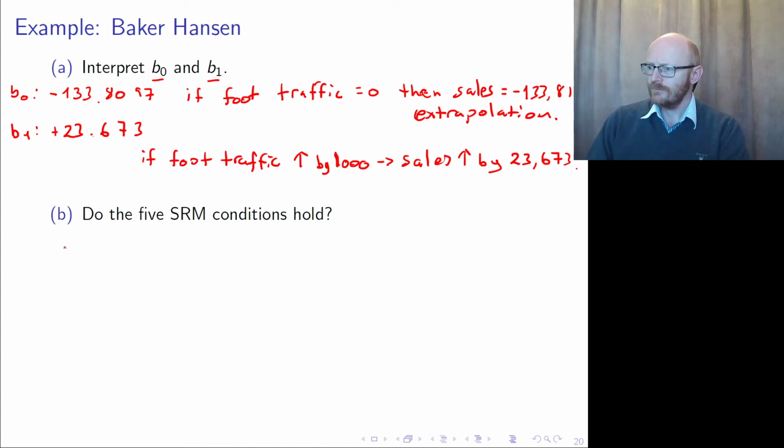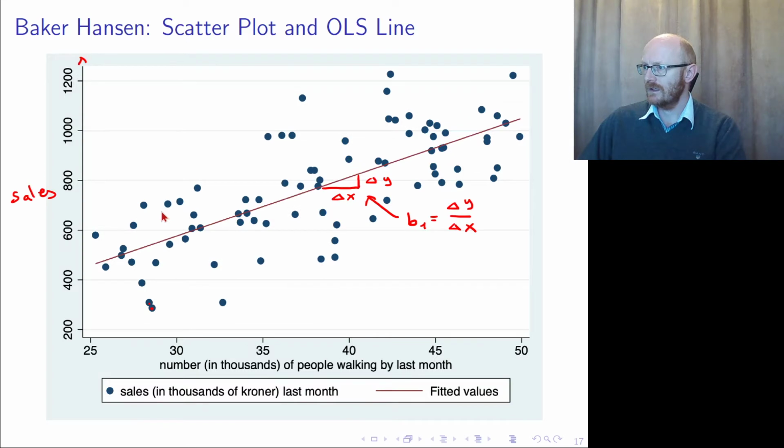and do the 5 simple regression model conditions hold? Well, we can look at number 1, and that would be linearity. And if we go back to the plot where we have our regression line and the data points, then we see that the regression line follows the data points quite snugly.